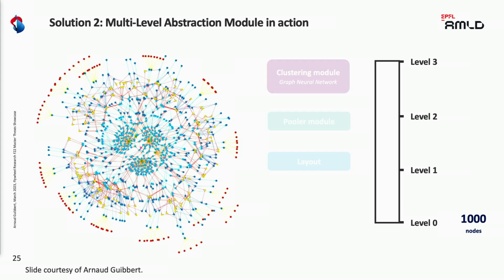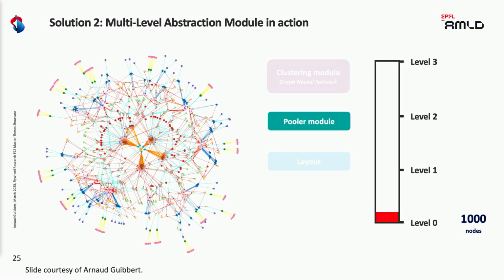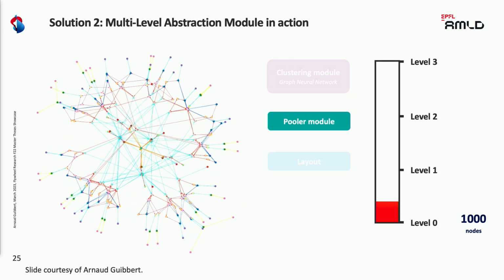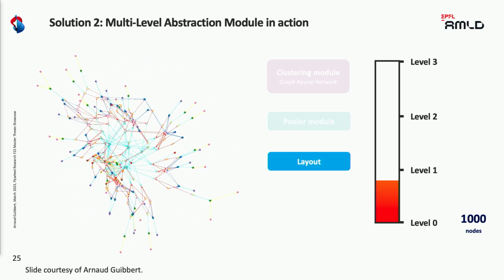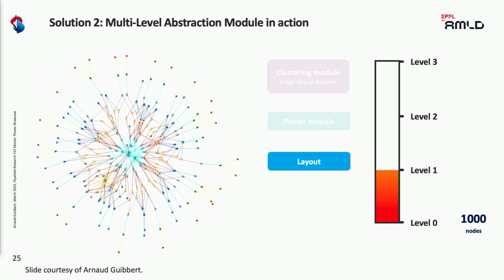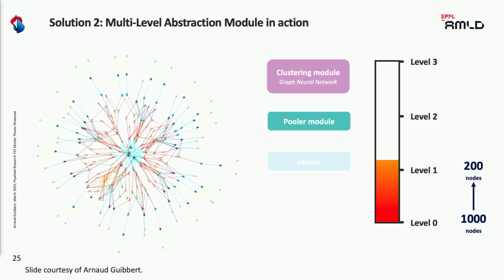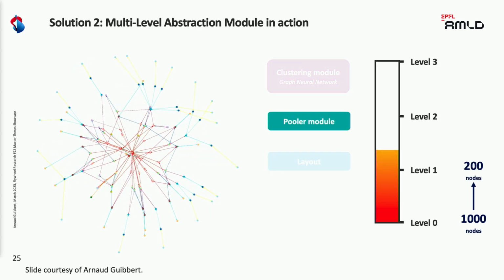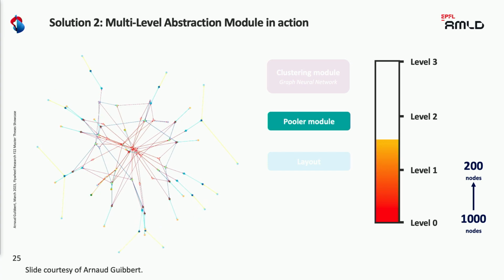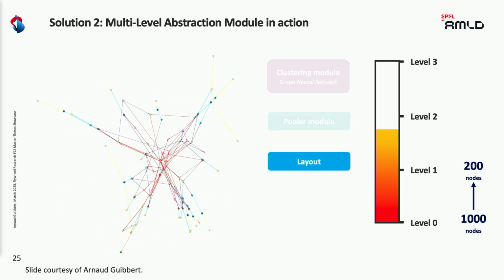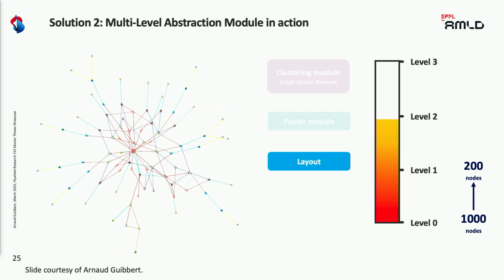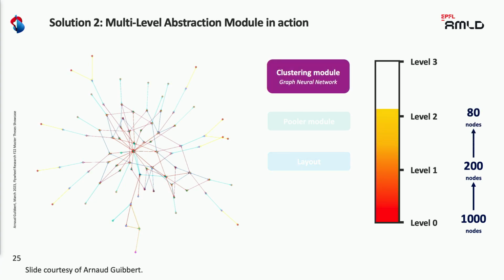And here we have an excellent demonstration of how it works in practice. So this is a graph of 1,000 nodes, and with their embeddings, we can find the nodes that are similar to each other. If they are similar, we can put them together. Then we can repeat the process and compress it further. Finally, we end up with less than 1,000 nodes.